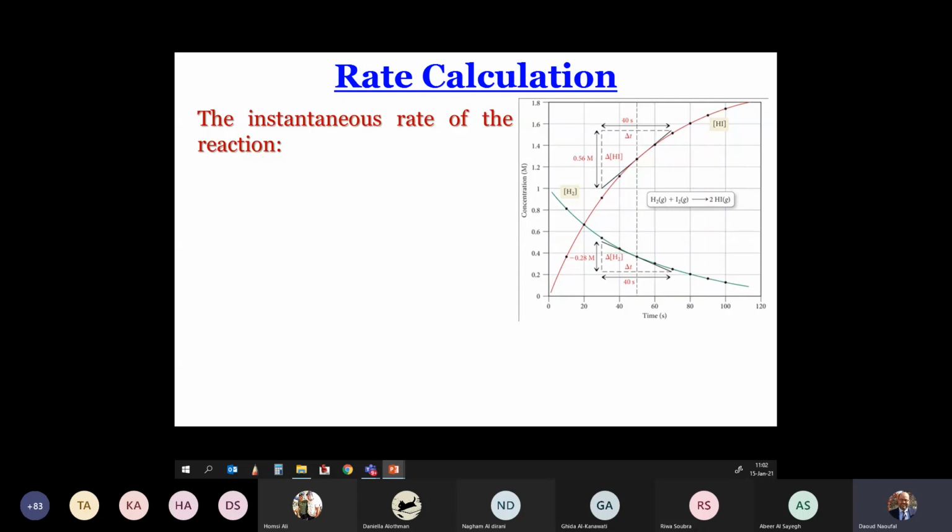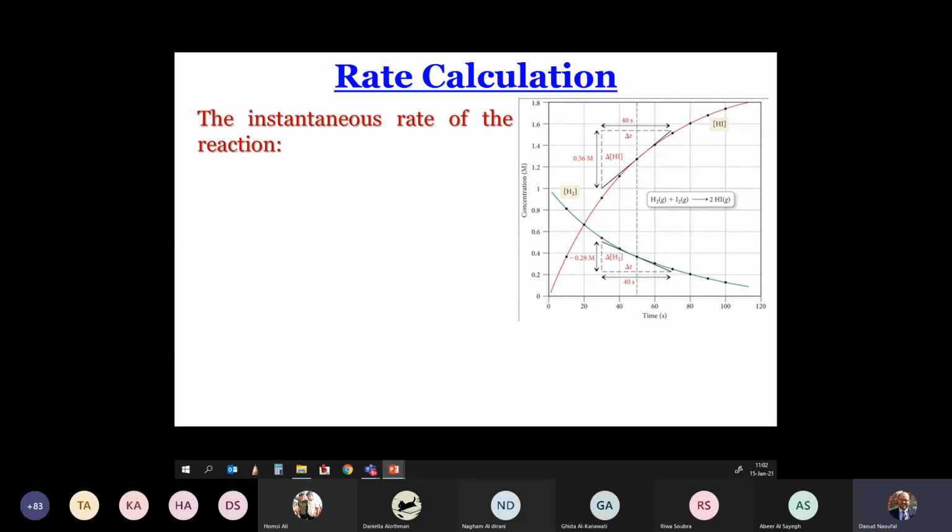In general, when you study the rate of the reaction, you make a table of the variation of the concentration of reactants per time, so you study the rate of disappearance, or you make a table of the concentration of the product formed per time, so you study the rate of formation.